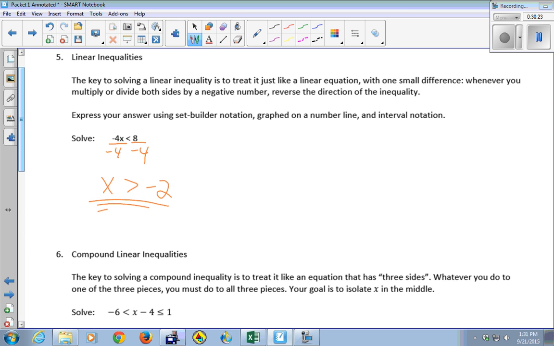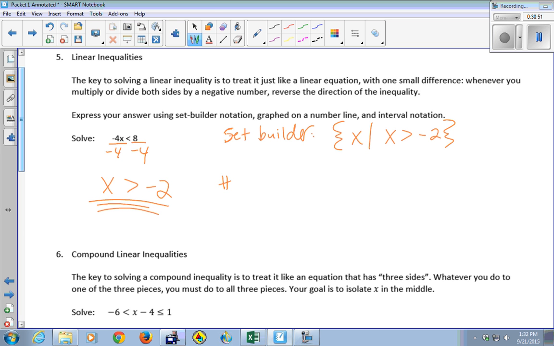So there's my answer, but I'm supposed to express it using set builder, on a number line, and with interval notation. So this is just a little review from a few classes ago. So set builder, that's the curly brackets: the set of all x's such that x is greater than negative 2.